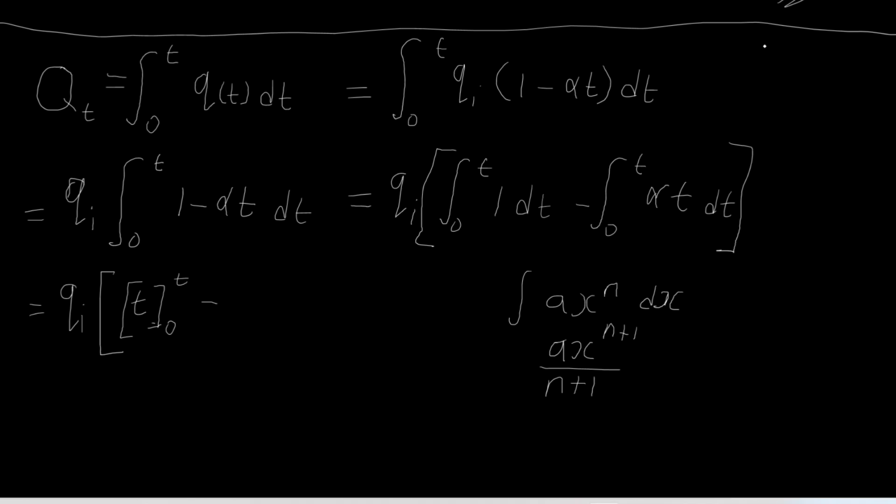So this is the same thing we're going to be using in this case. In our case, our alpha is our a, our x is our t, our n in this case is 1. That's the power of our t here. So using the same concept, 1, which is the power of our t, plus 1 is going to give us 2. So we have that our answer to be alpha t raised to power 2 over 2.